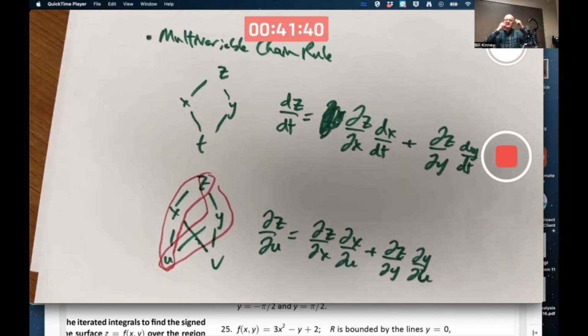These diagrams can be generalized to situations where maybe z depends on 10 variables, and those 10 variables each depend on 20 variables. Okay? You wouldn't want to draw such a thing, but conceptually speaking, the idea still holds that from the upper variable down to the final bottom variable that you're differentiating with respect to, you'd go through every path through the diagram from that top variable to the bottom variable.